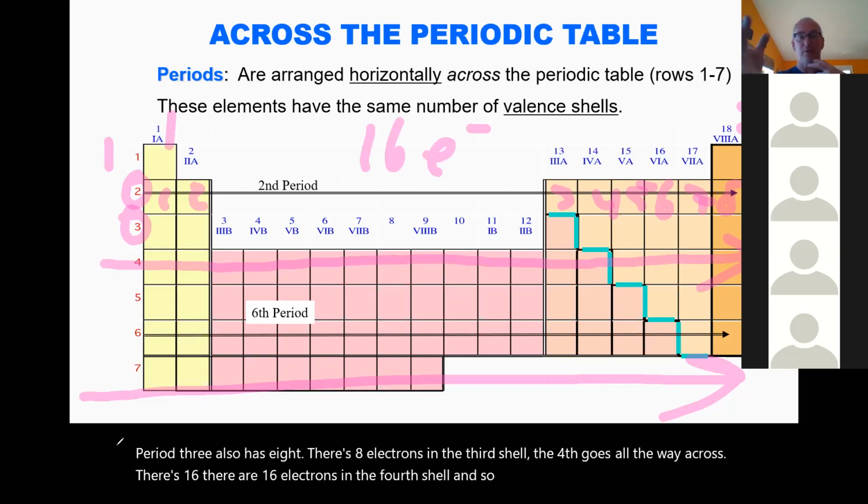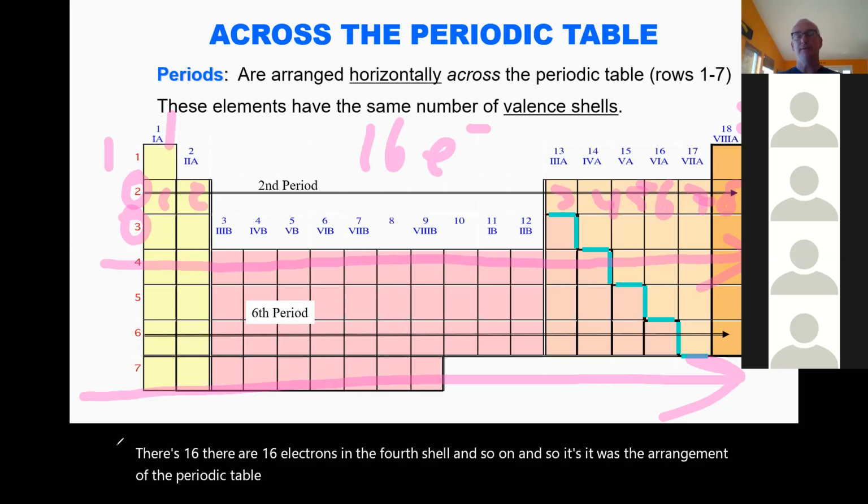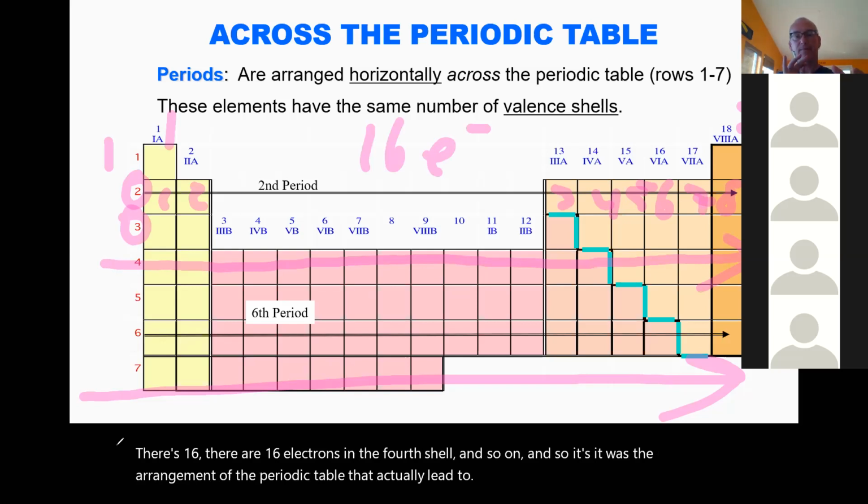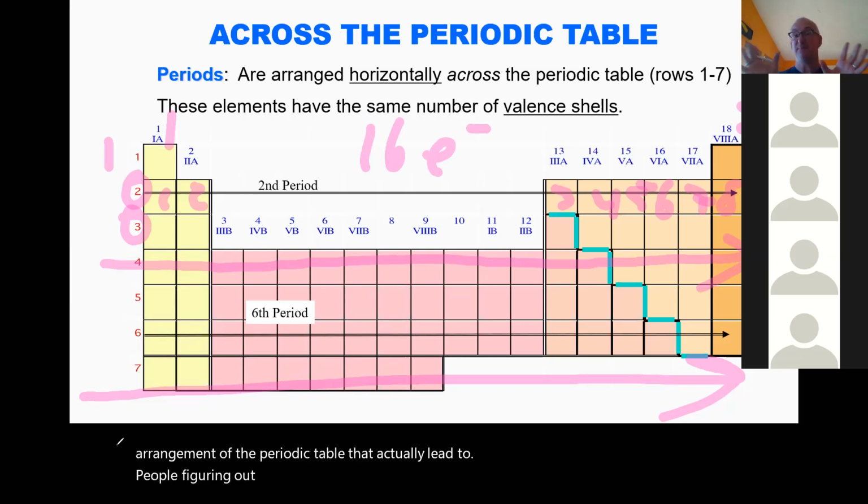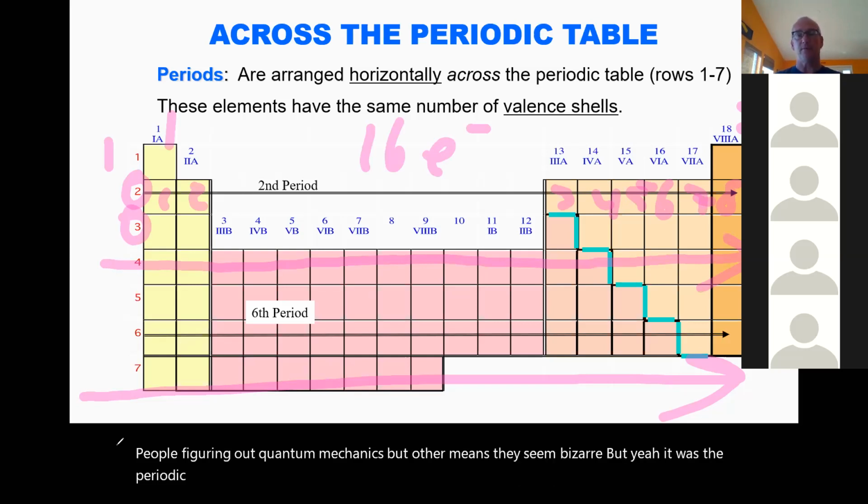And it was the arrangement of the periodic table that actually led to people figuring out quantum mechanics. I know it may seem bizarre, but it was the periodic table that told people, when they were working on these bizarre mathematics for quantum mechanics, that they must have had it right.